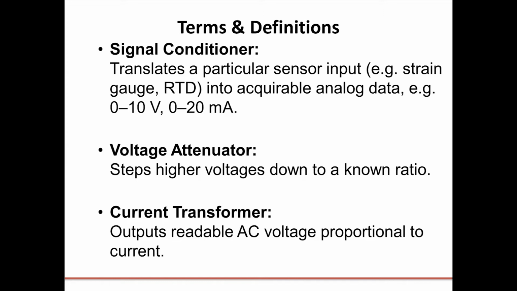Finally, there are current transformers, which are sensors that produce an AC voltage in proportion to the current flowing through the primary winding. Current transformers wrap around an electrical conductor, usually a power cable, and output an AC voltage in proportion to the current flowing through that conductor.